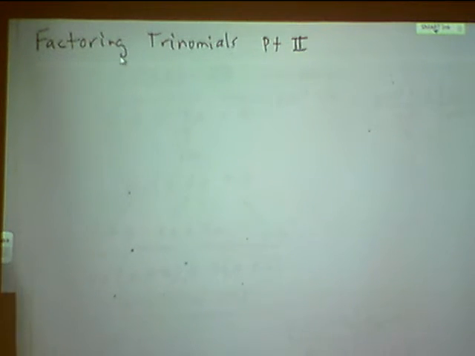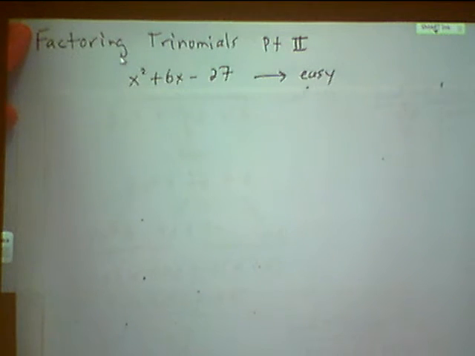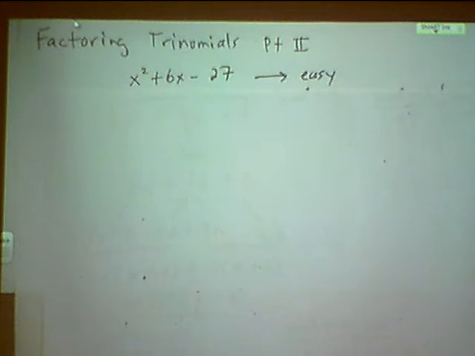Now once again, I want to distinguish, this is the first kind of trinomial that we talked about factoring. And the key is there was no number in front of the squared term, or we call that there is no leading coefficient. And I wrote here, these are actually fairly easy to factor.